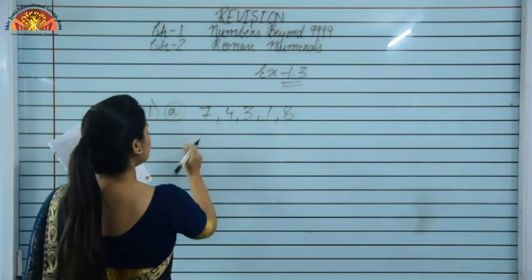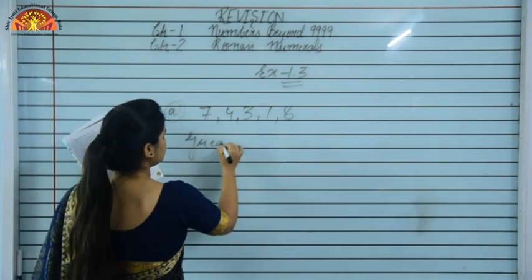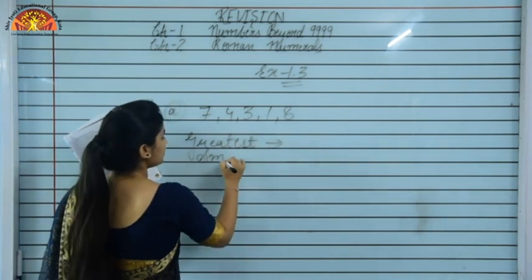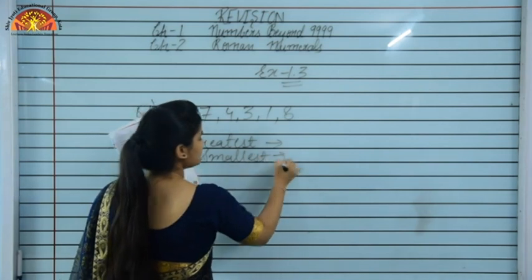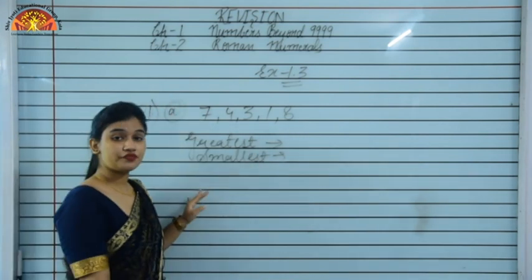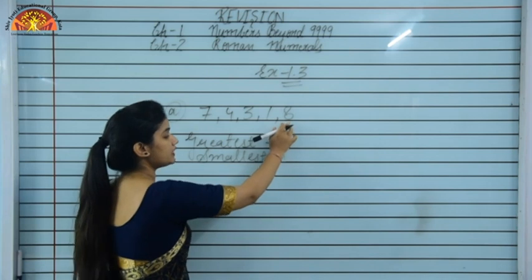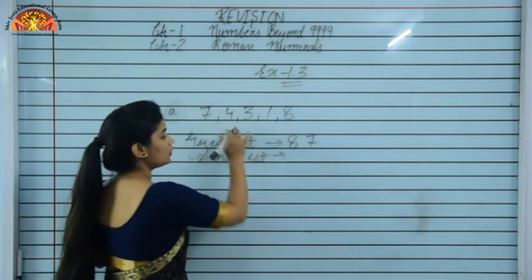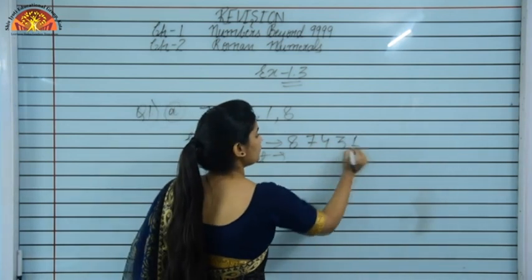Now we have to find the greatest 5-digit number and smallest 5-digit number. As I have told you, to find the greatest 5-digit number, first will come the greatest digit 8, then 7, then 4, 3, 1.